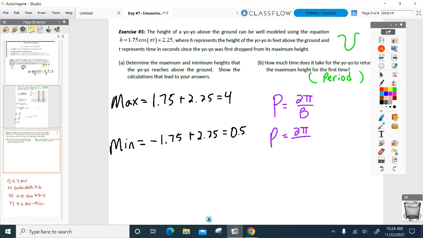Is it 2.25? That's your c value, right? A is 1.75. C, 2.25. The b value is always what's with the cosine. The pi? Just pi. There's your b value, pi. And they cancel out. So it takes the yo-yo 2 seconds to get back to the max.